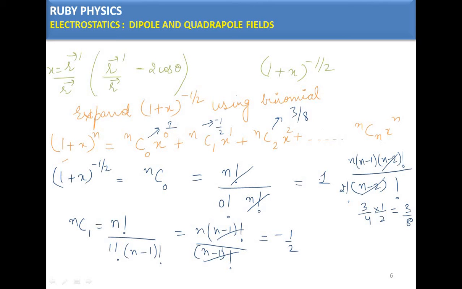Similarly, you can find NC3, which will be n into n minus 1, n minus 2, n minus 3 factorial.